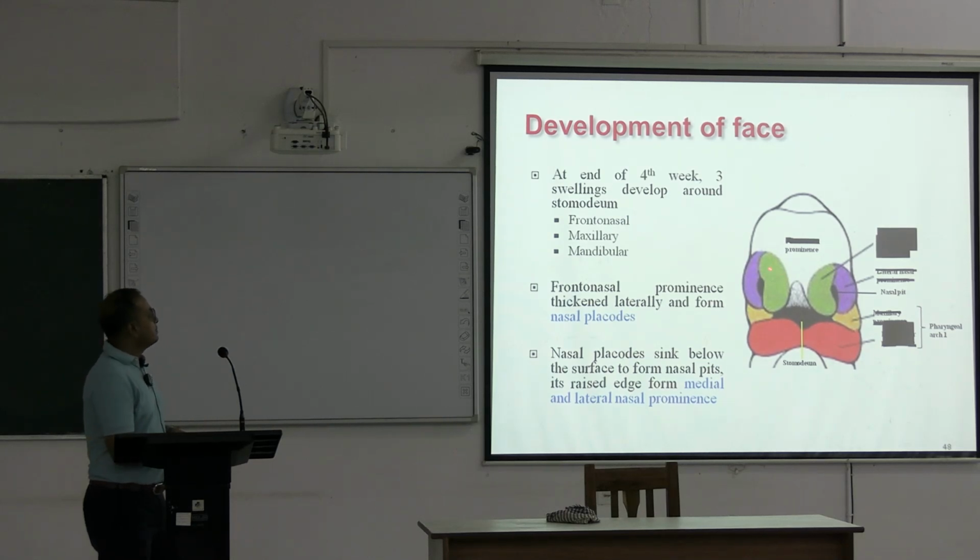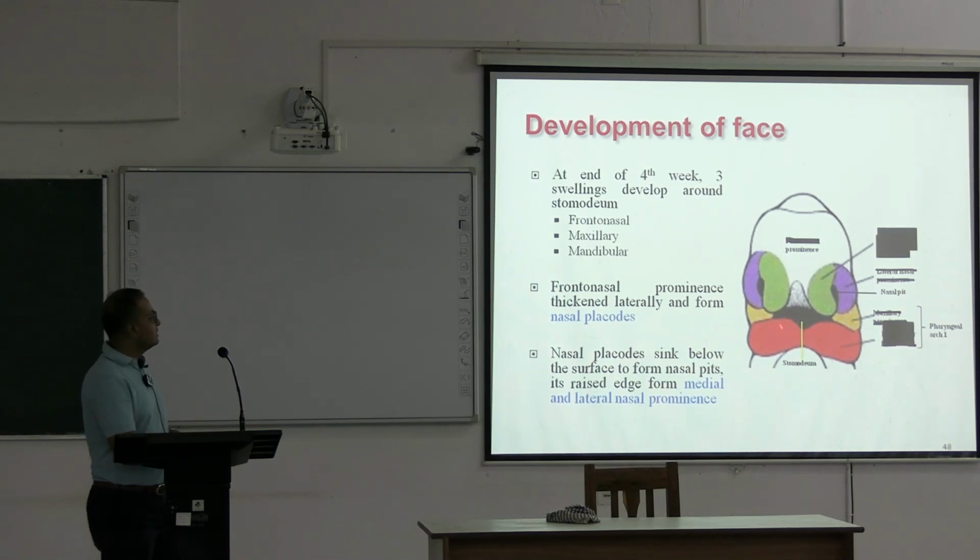Around this nasal pit, we have the raised margin of the nasal placode. We call them 2 parts, right side and left side. The medial one, which you are seeing here in green, we call the medial nasal prominence, and this purple one we call the lateral nasal prominence.